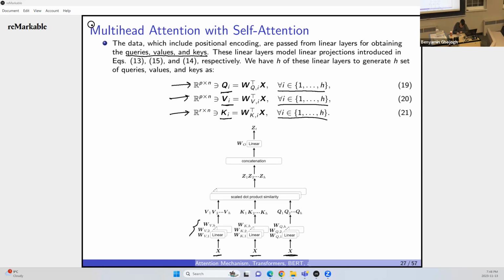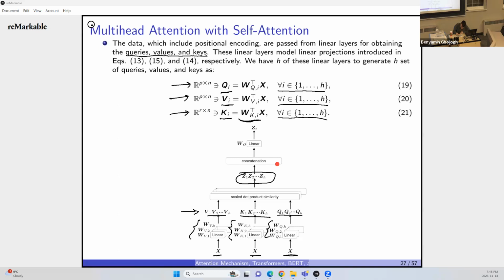I calculate all of the heads using the weights that I'm having. I calculate all of the values, all of the keys, and all of the queries, right? And then I calculate the attentions using that formula that we had. Do you remember? The formula of Z, which was V softmax of Q transpose K over square root of d.